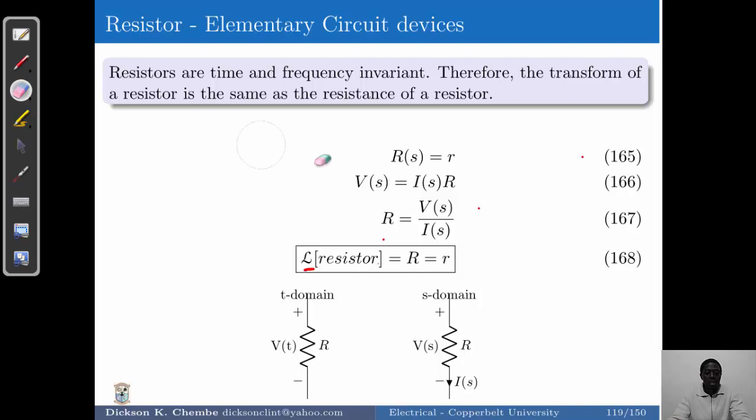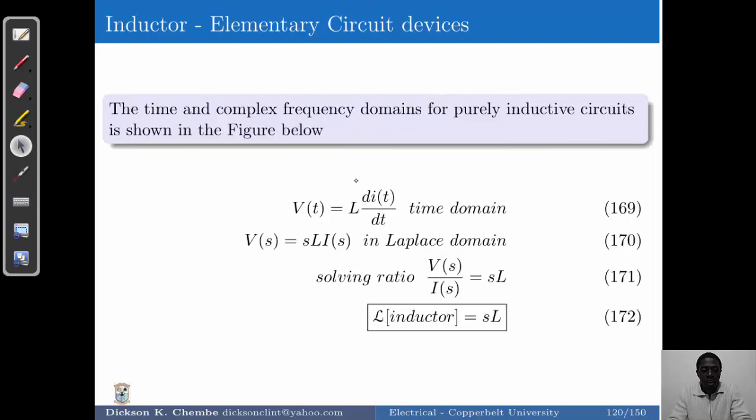However, when we look at the other two elements, the inductor and the capacitor, we experience something a little bit different. The time and complex frequency domains change, and therefore for a purely inductive circuit, we have a difference in how we calculate the inductance in the time domain and in the frequency domain.